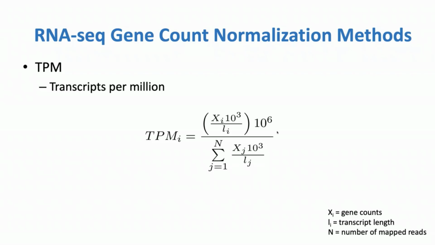I'm personally not a huge fan of these normalizations, but a lot of people use them and think they're important. Realistically, differential gene expression algorithms do not want these kinds of normalizations. They only rely on the raw gene counts, and they do their own normalizations. And I have an example of that coming too.